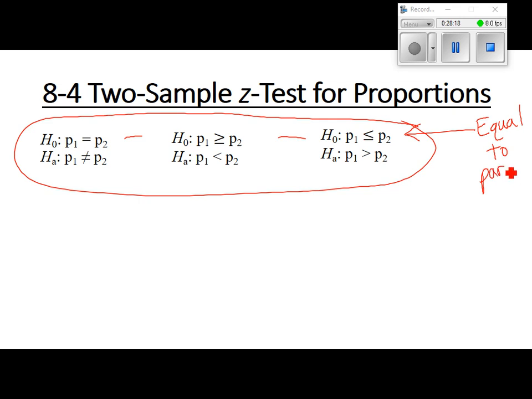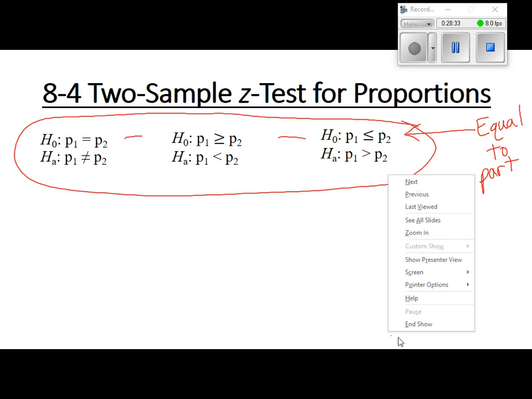It's got to be the equal to part, right? It's always got to have either equal to or greater than or equal to or less than or equal to. HA just has the not equal to, less than, or greater than. And that's for all of them.